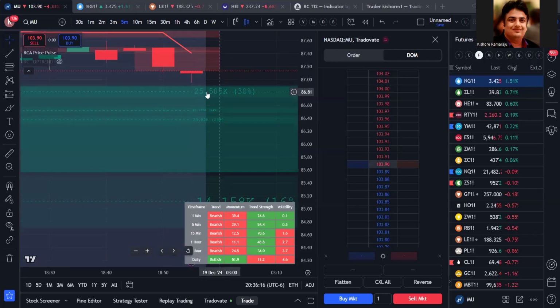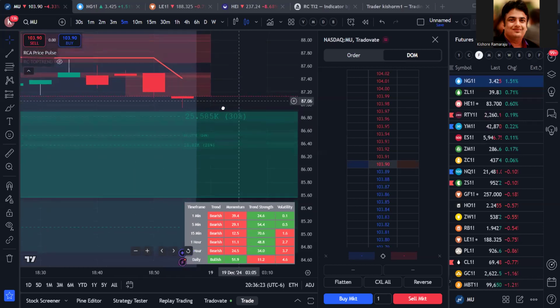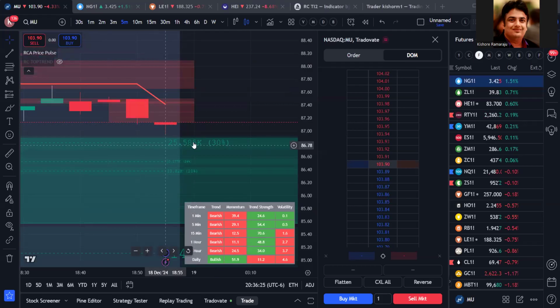Nearly from 117, it dropped all the way to $86. So all you need is just one trade like that. It came today, so it may go a little bit up.